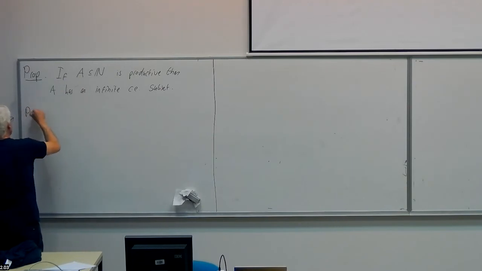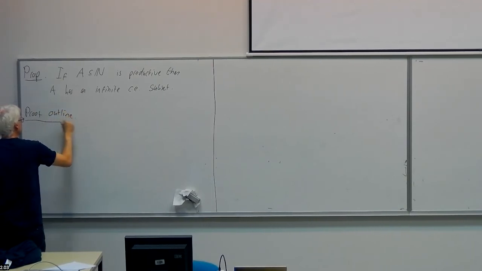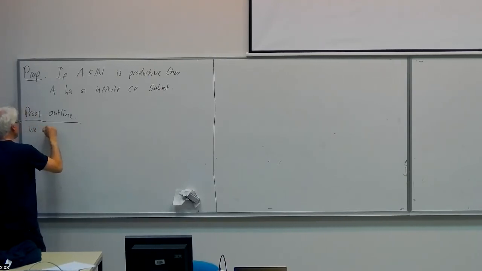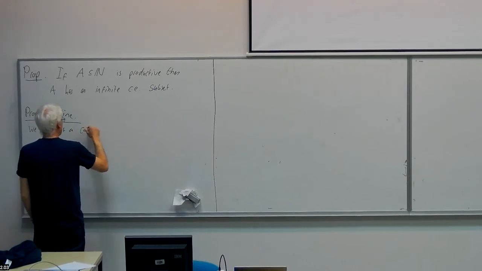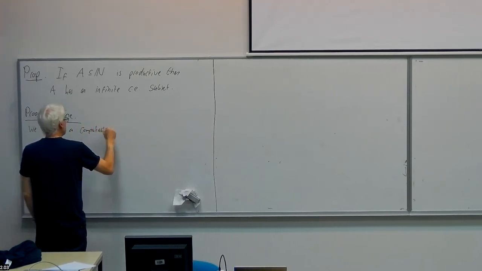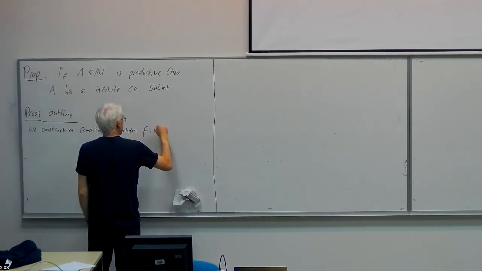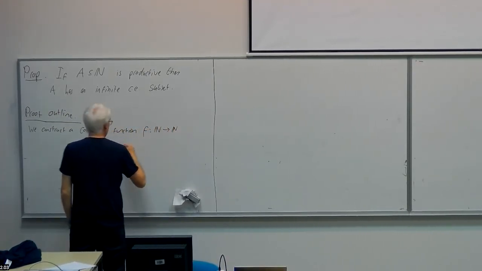And there's a quite detailed proof in the notes, but I'm just going to give a proof outline here, which is we construct a computable function f. f is a total function with the following behavior.